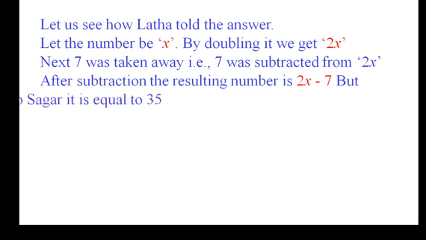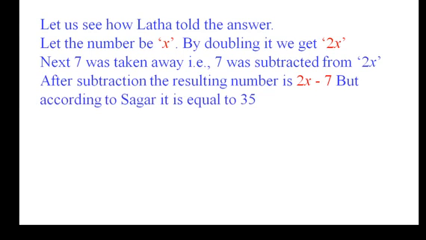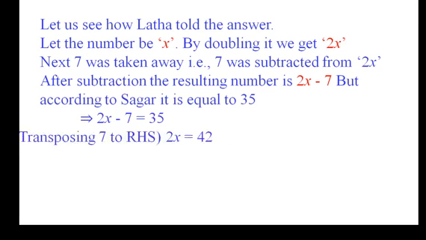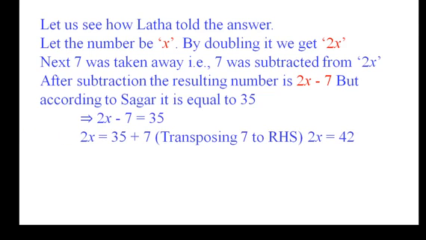But according to Sagar, it is equal to 35. So what we are getting: 2x minus 7 is equal to 35. 2x is equal to 35 plus 7, by transposing 7 to the RHS.